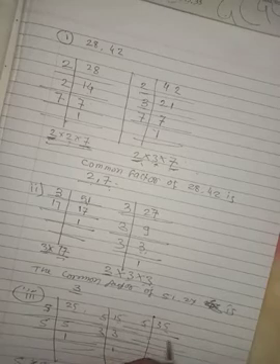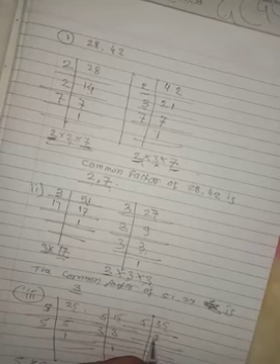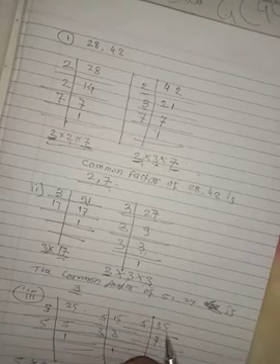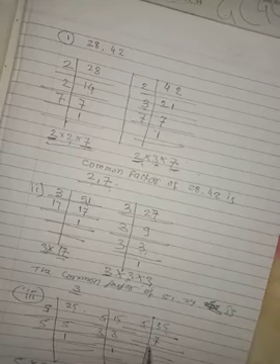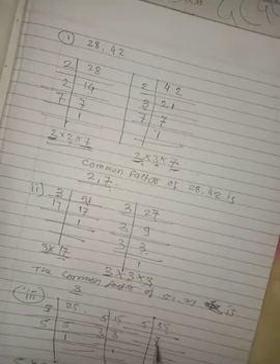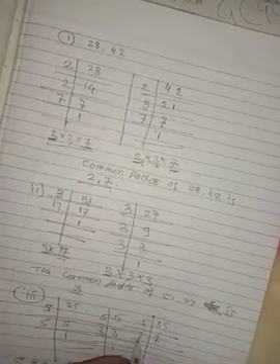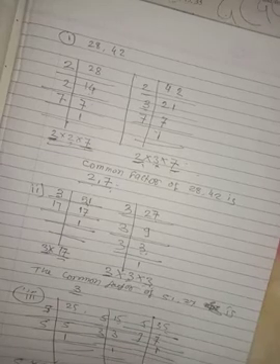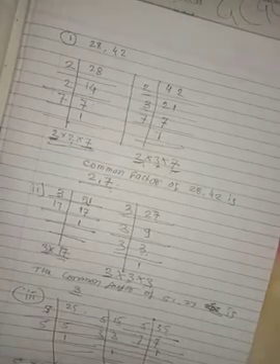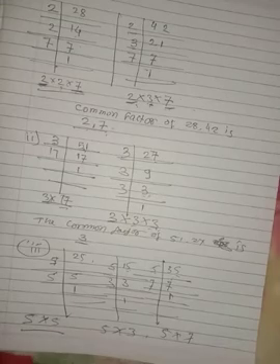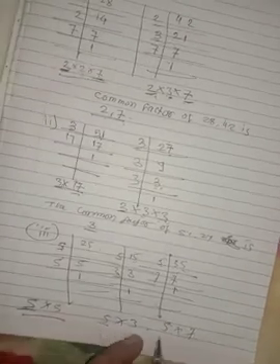Again 5 7s are 35. 7 is a prime number, so 7 ones are 7. So it is 5 into 7. So the greatest common factor, highest common factor, is only 5. So it is 5. Okay, hope you understand.